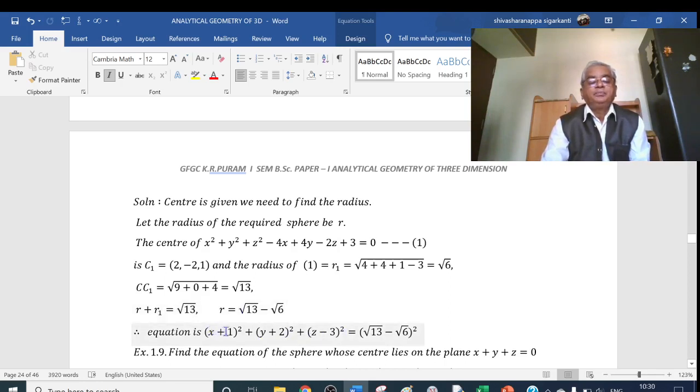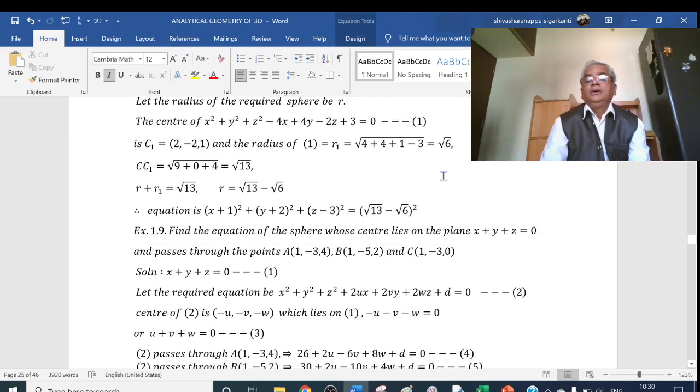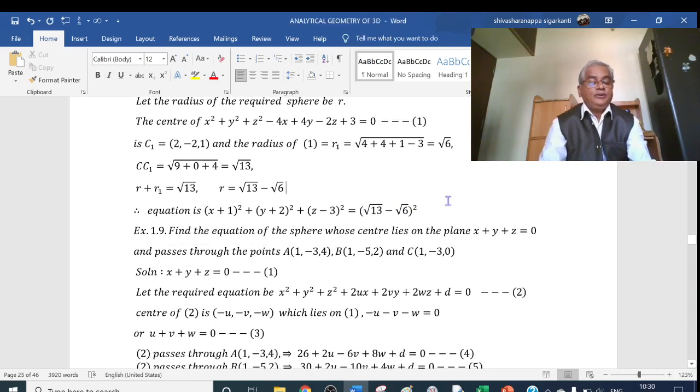That is (x plus 1) square plus (y plus 2) square plus (z minus 3) square is equal to r square. This is the required equation. Okay, thank you. I will stop here.